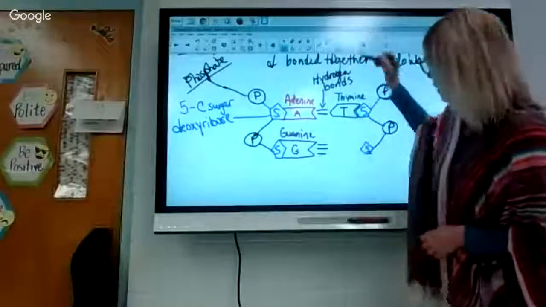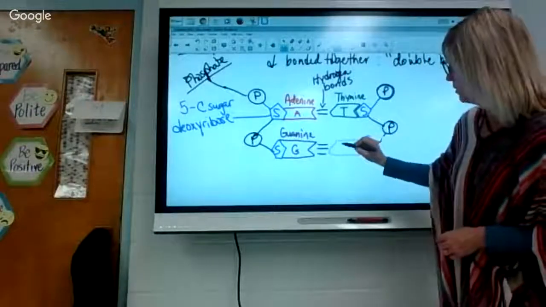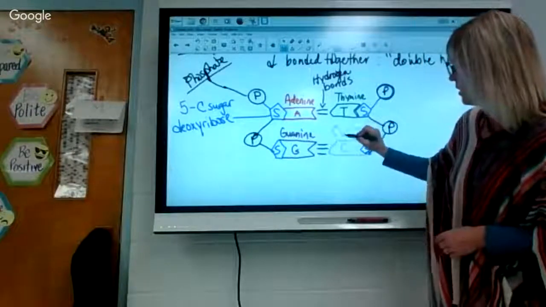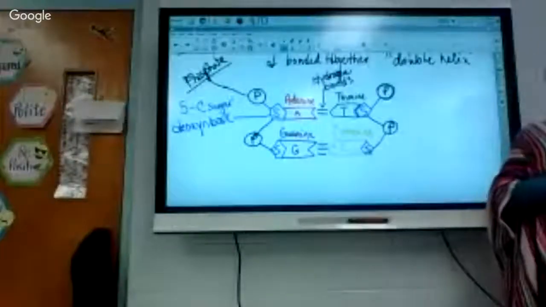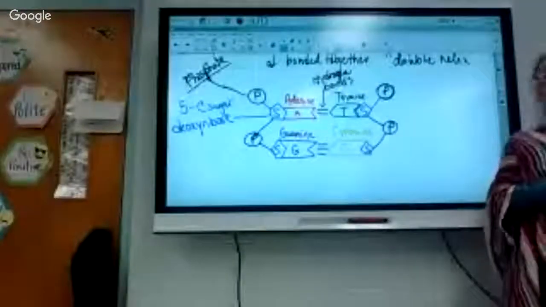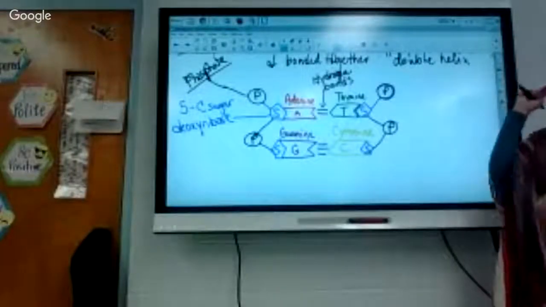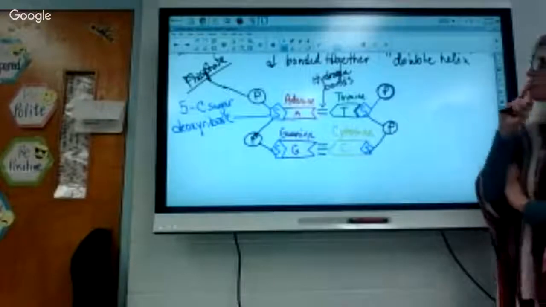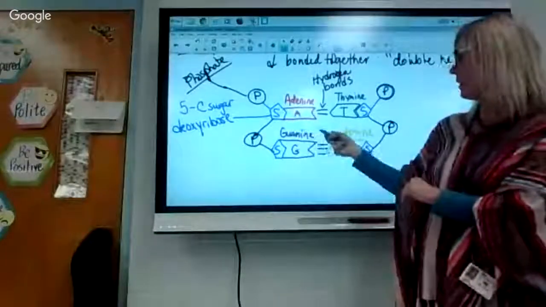I'm kidding. Cytosine. Can y'all read that yellow or do I need to go over it? Cytosine, yeah. Can you see that? Bless you. What is the word? This one, guanine.